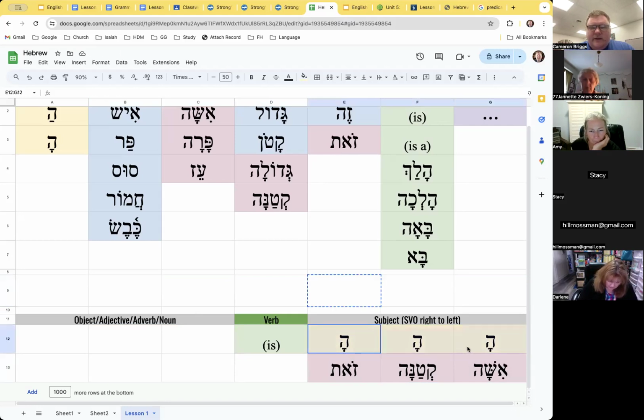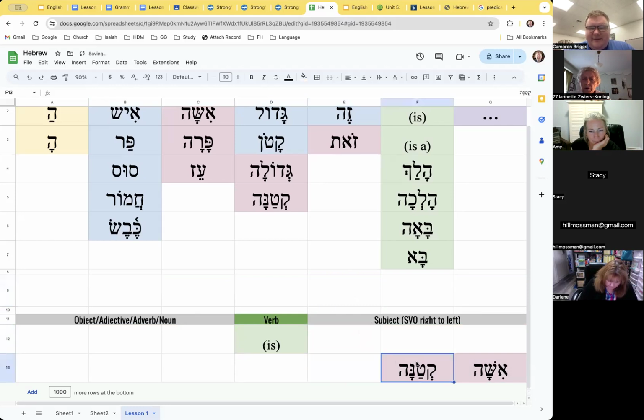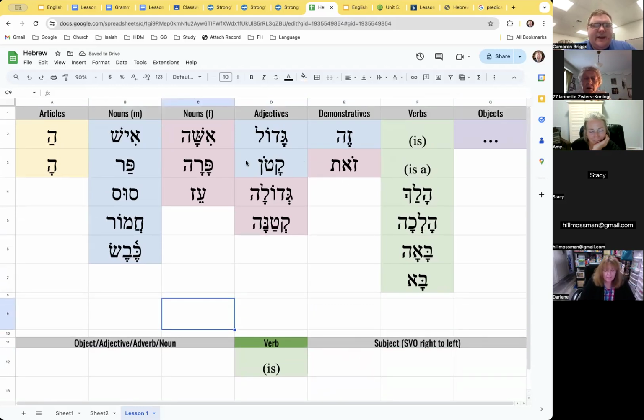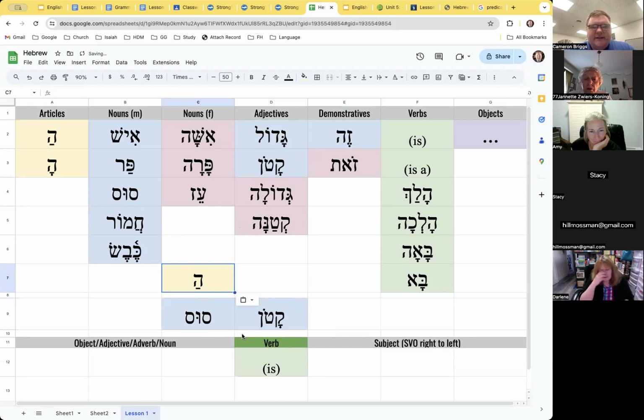So if we had, let's see, I'm still getting used to this spreadsheet and navigating it. Let's say we have sus and katon, and only the sus has a ha.